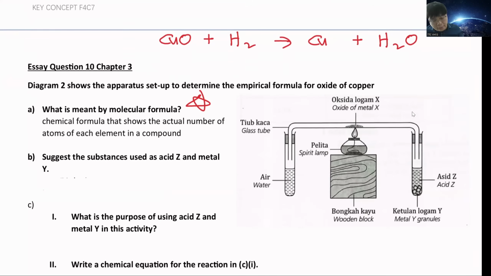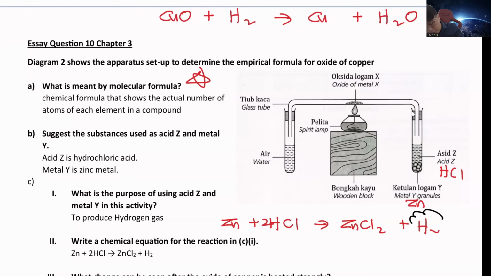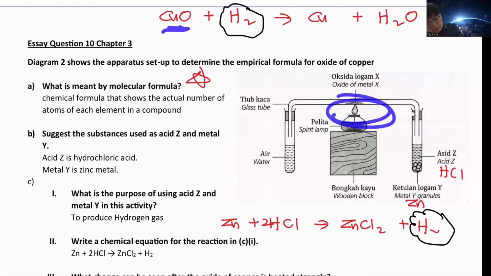So how do you get the hydrogen gas? You will need zinc plus hydrochloric acid. I'll show you here. If you put zinc metal into HCl, what will happen? Zn plus HCl becomes ZnCl2 plus H2. So it's able to produce hydrogen gas. This hydrogen comes over here and reacts with the copper oxide to form copper.